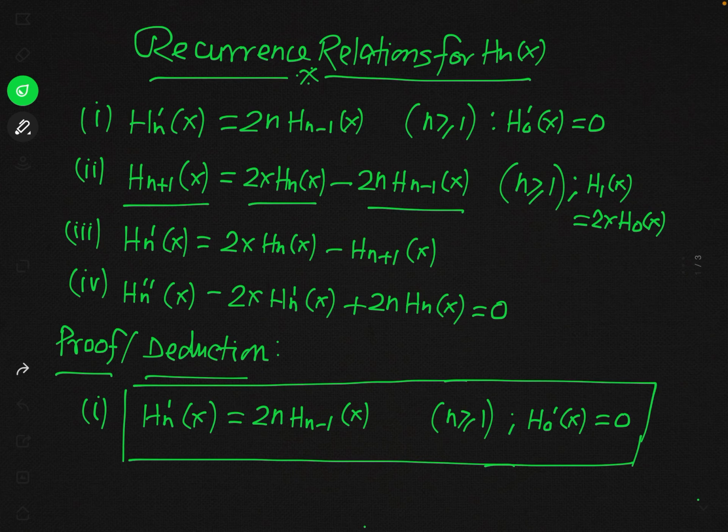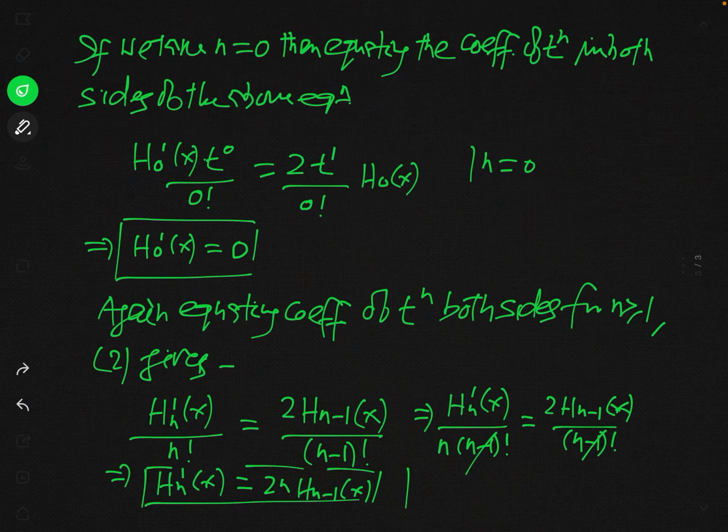And from this you will see that H1 of x will be simply equal to 2x H0 of x. So again I am writing this recurrence relation first of all, and then we will prove it. You must remember this recurrence relation to solve the numerical problem.